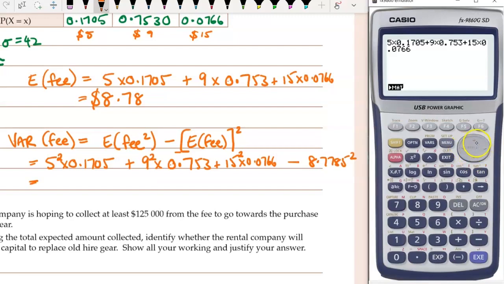Okay, so back over to the calculator. I can use what's already in there, but we're going to square each number. So that's going to be squared, the 9 gets squared, and the 15.